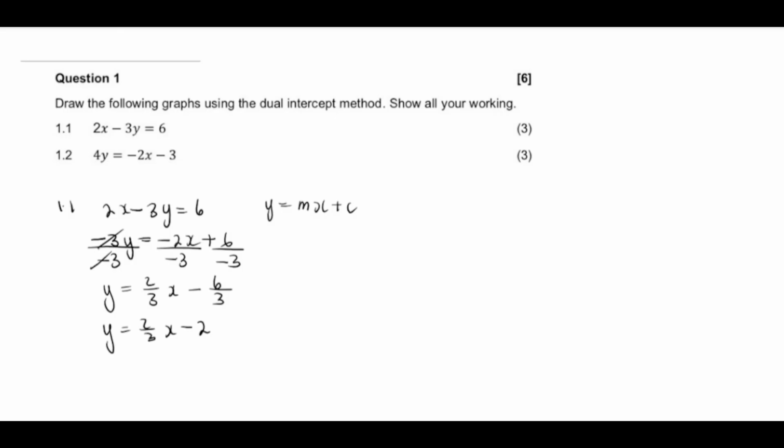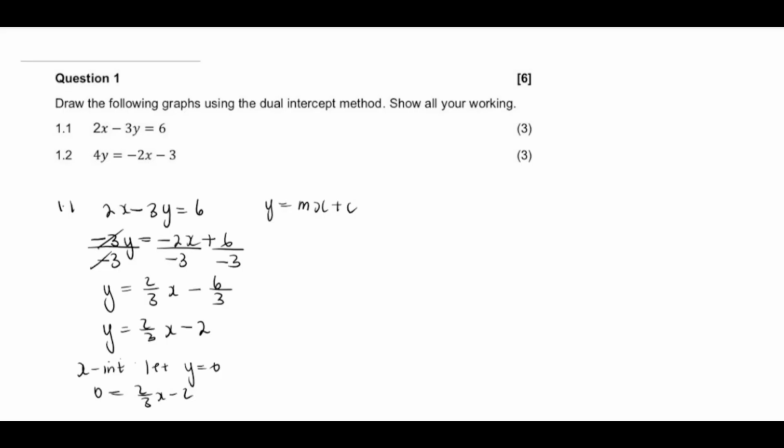Now that we have our straight line equation in the standard form, let's find the x-intercepts and the y-intercepts. For our x-intercept, we let y equal 0. So that means 0 will be equal to 2 over 3x minus 2.